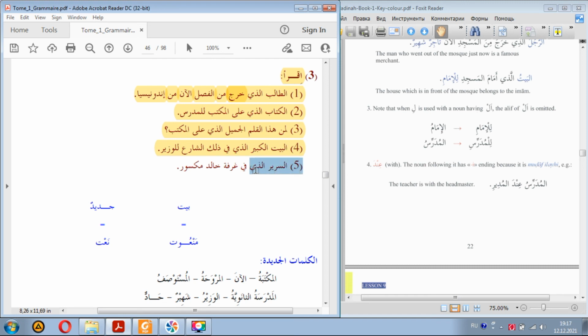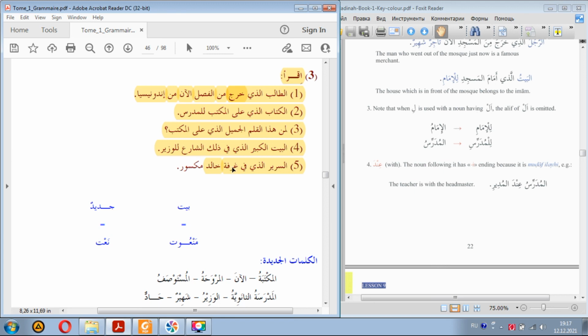السرير الذي في غرفة خالد مكسور. Why is it في غرفة خالد? Why doesn't it take tanween in the end? Well, because it's مضاف and مضاف إليه.